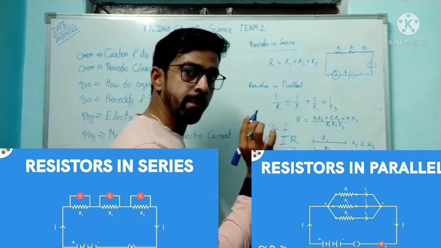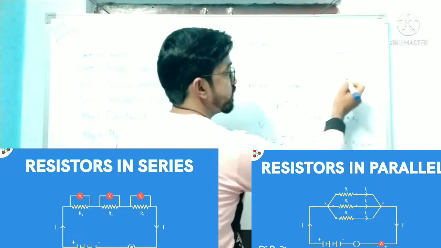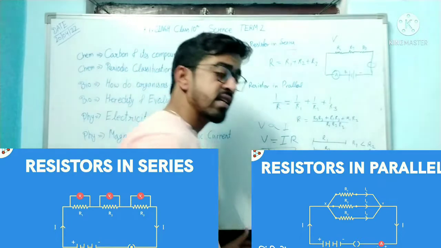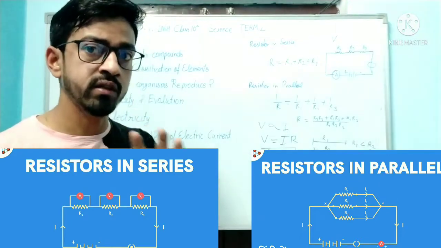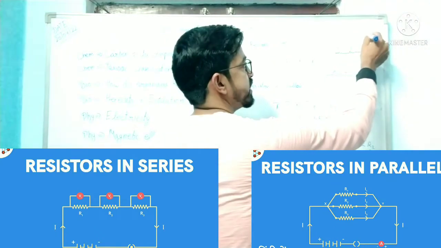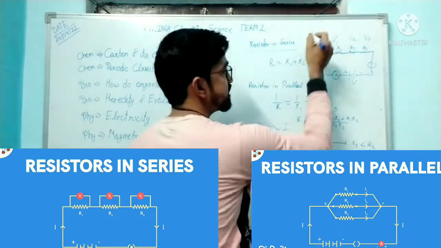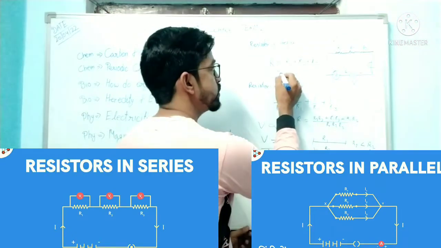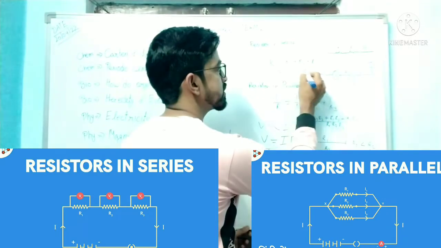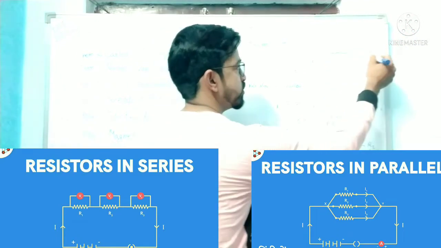Okay. So what is the important factor? The voltage which is provided here is different for different resistors, V1, V2 and V3, and this is the final volt. So you can say that V is equal to V1 plus V2 plus V3, and the current I flows from positive to negative.